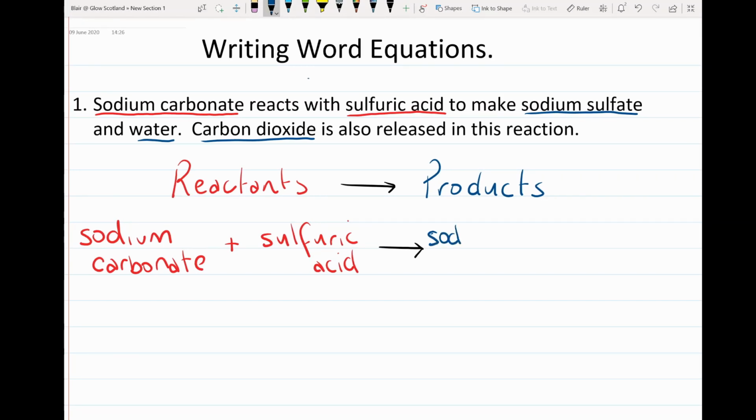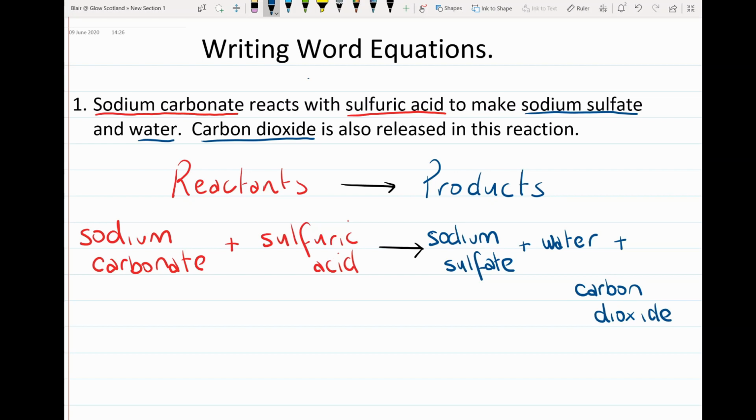So I'm going to do sodium sulfate plus water plus, now at this point I don't think I have enough space in here to write carbon dioxide, so I'm actually just going to pop it underneath here, carbon dioxide. Now you can see that that looks a little bit kind of lopsided on the one side, but that's absolutely fine. That is a correct word equation.